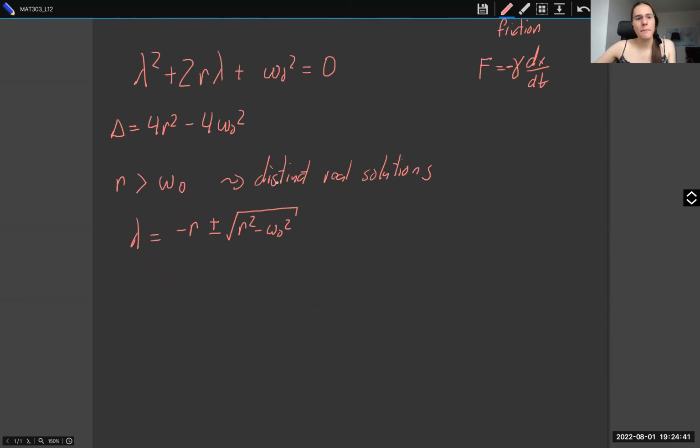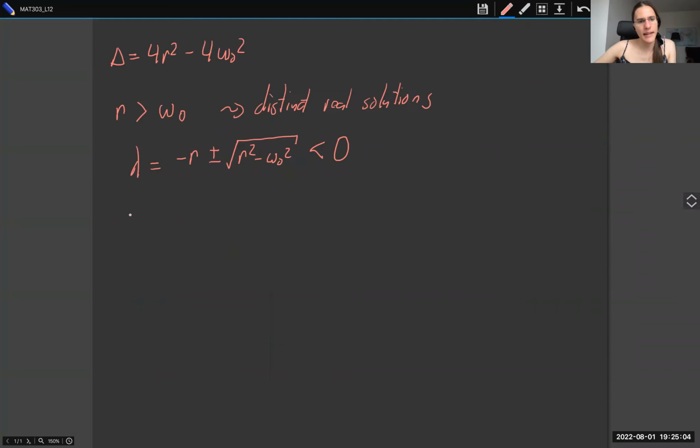And so what happens is that this quantity, omega naught, is going to subtract from r squared, right? So this quantity is less than r. So in other words, lambda is negative. Right? So both roots are going to be negative.